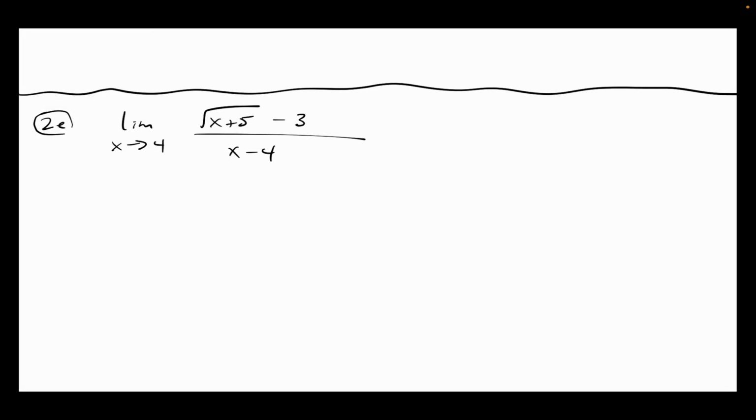That's the question. I'm going to give you the answer so you can check to see if you get the right answer. So the correct answer is going to be 1/6. That's going to be the correct answer. Most of the time, these questions here, you're going to get a fraction for it.